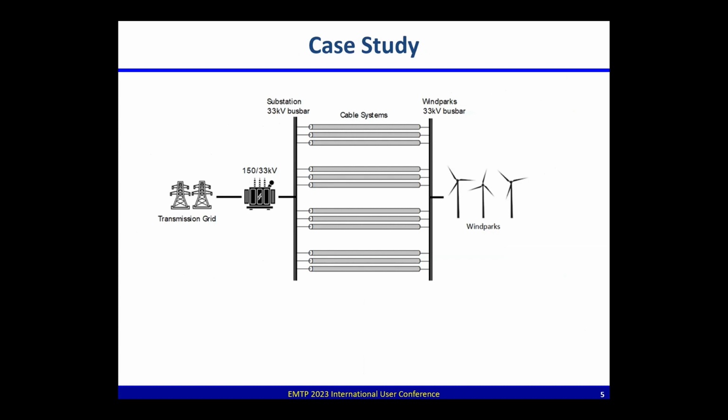And here you can see a sketch of this connection. On the right, you can see the wind parks that form a 33 kilovolt bus bar, and we will have up to 4 such cable systems connected in parallel. And then we end up at the substation 33 kilovolt bus bar, then to the transformer, and to the main grid.